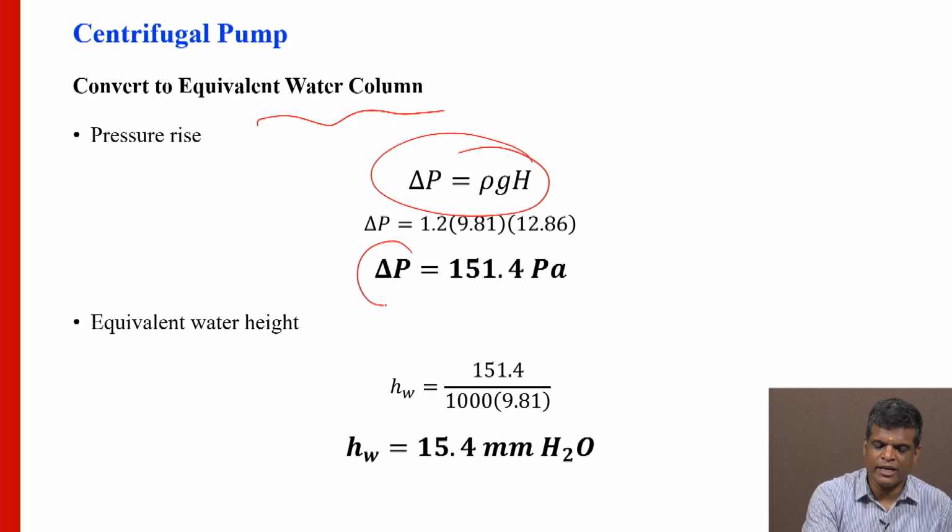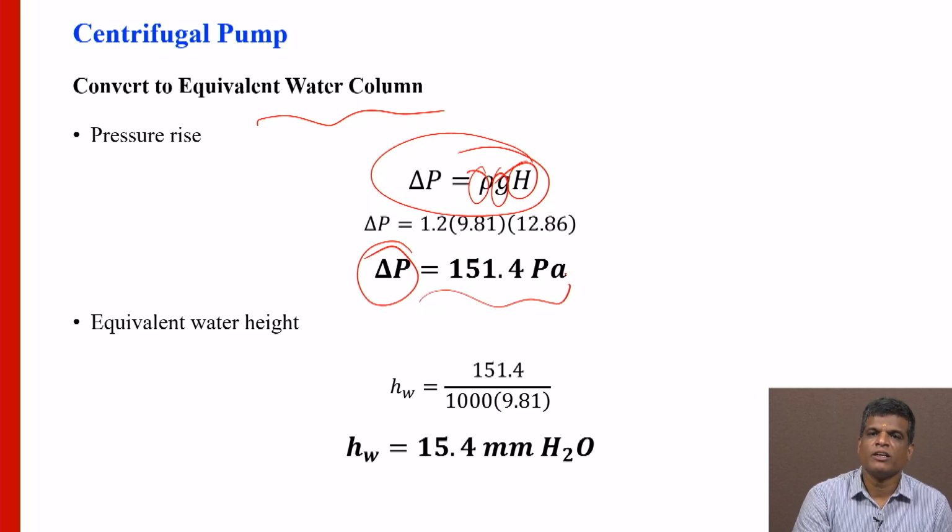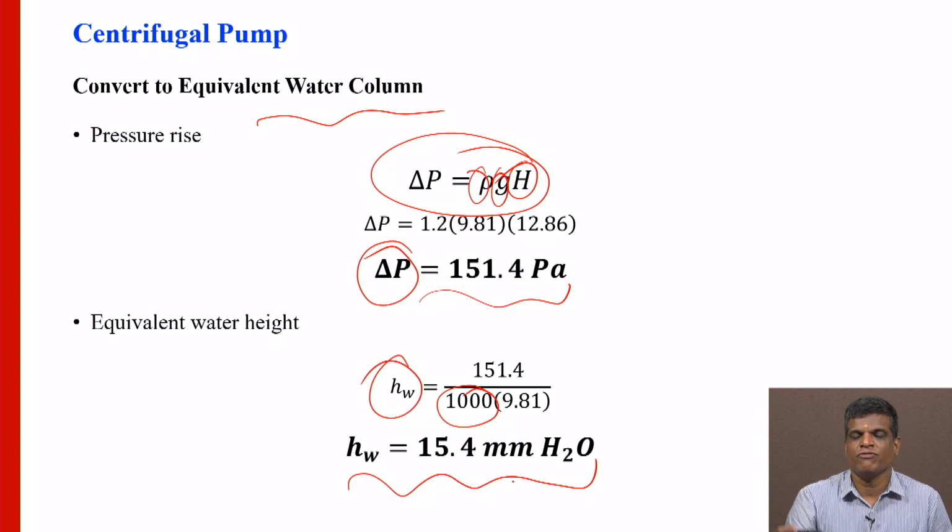So first get the delta P. Once you know delta P, you know rho and g h. So substitute all values here, then we get the delta pressure, but now in terms of water height you have to convert, same value, but rho is 1000 because the density of water is 1000. So in water we get 15.4 meter of water as the head.